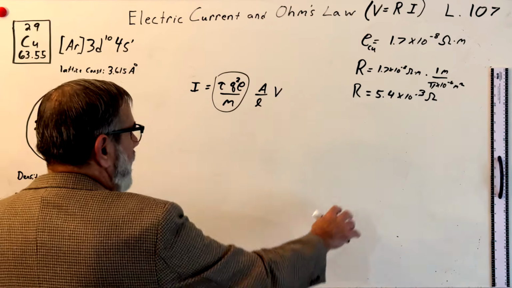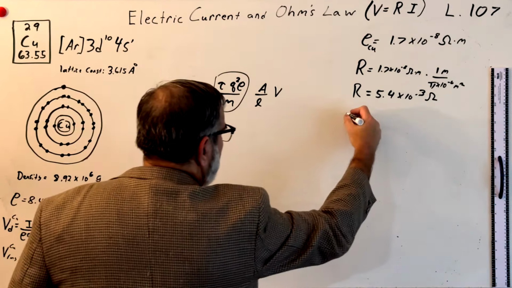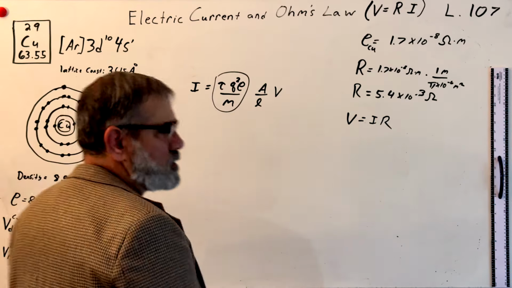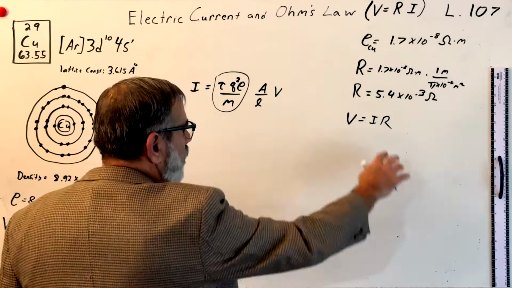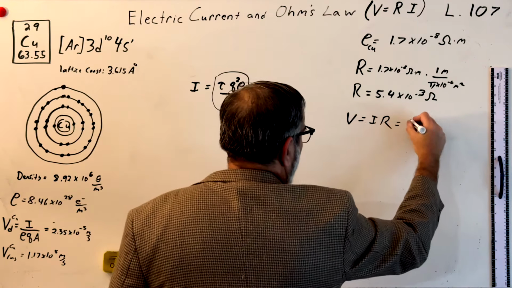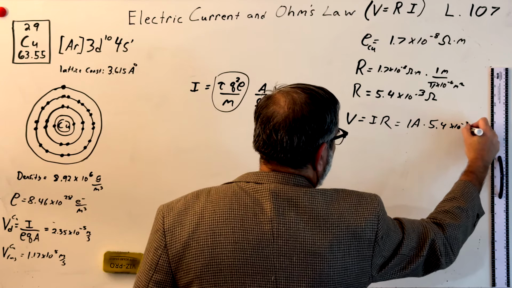So that's the resistance that we would have. So we can then use Ohm's law, V equals IR. We said this is for a 1 amp current, and we know what the resistance is, so we know what the voltage drop is. We plug this in: 1 amp times 5.4 times 10 to the minus 3 ohms.